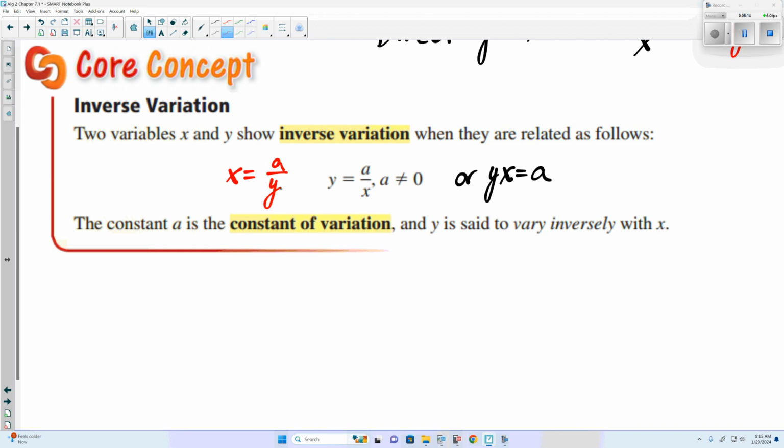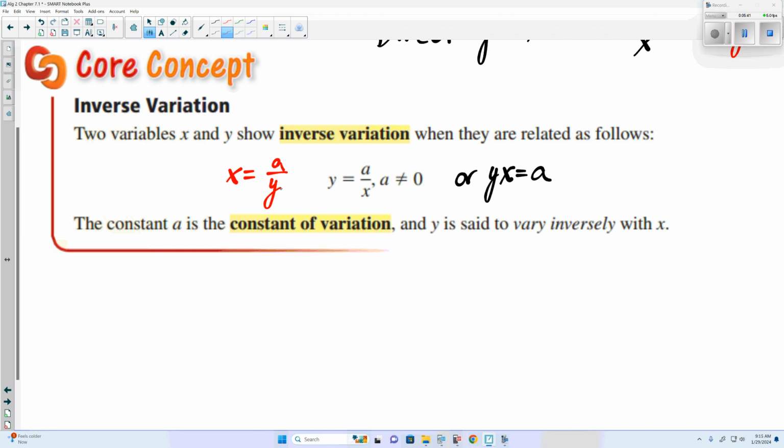As the enrollment goes down, the number of empty spots goes up. We could say it was filling a car with gas, because the more gas you put in the car, the less emptiness the tank has. Or as you drive, as you use gas, the amount of gas goes down and the number of miles driven goes up. There are different versions of inverse variation where we're going in opposite directions.